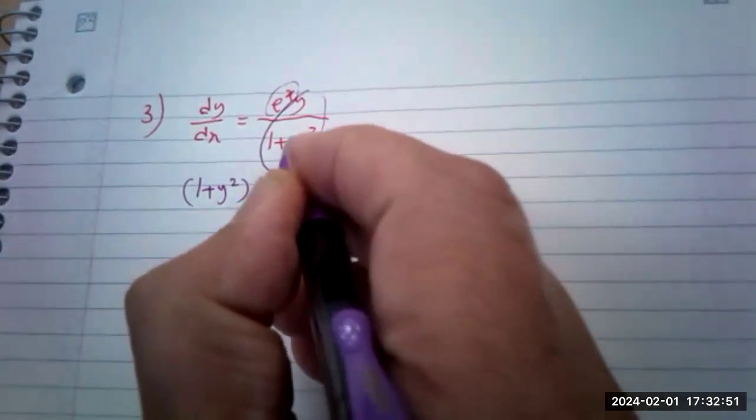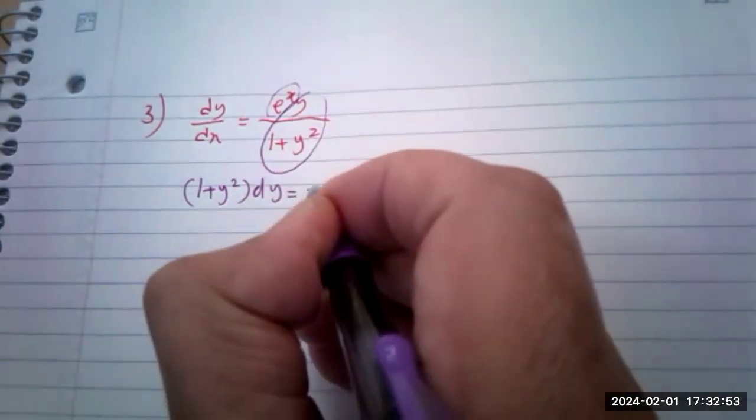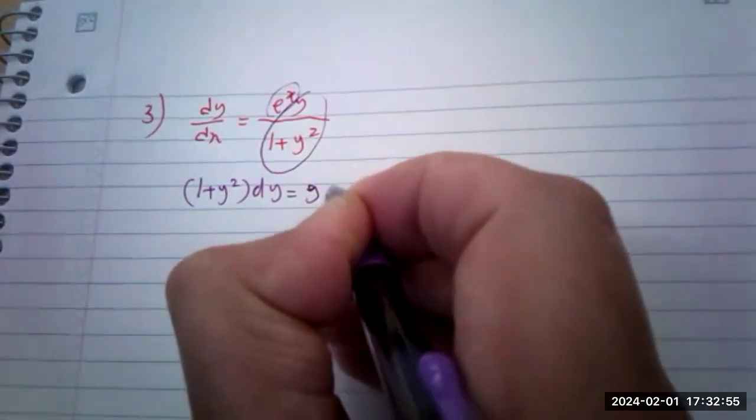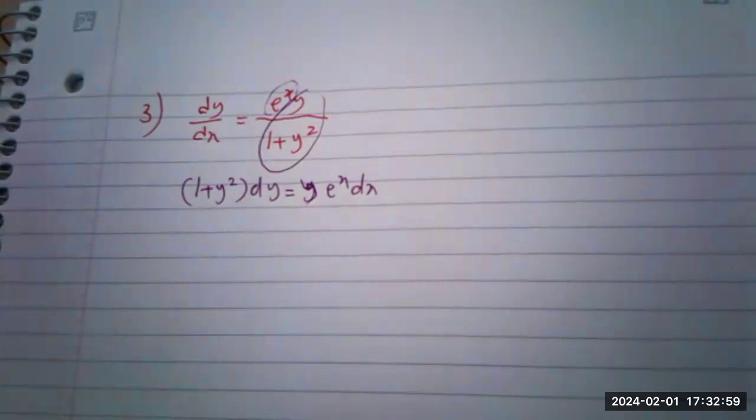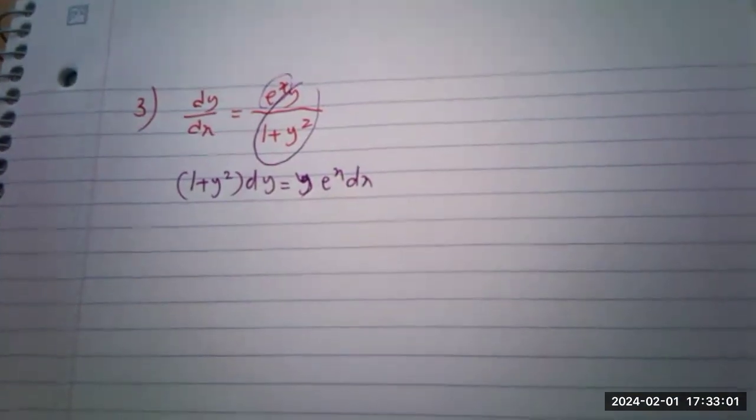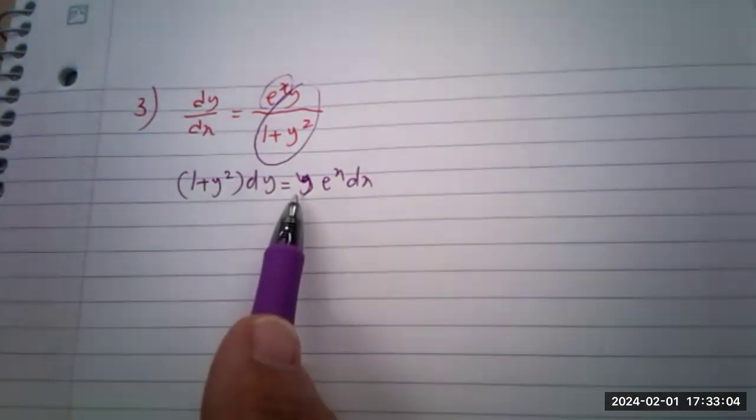So cross multiply, that gives you 1 plus y squared dy is going to be equal to y times e to the x dx. Then you would like to have the x and the dx together, so this y is extra, divide by y.